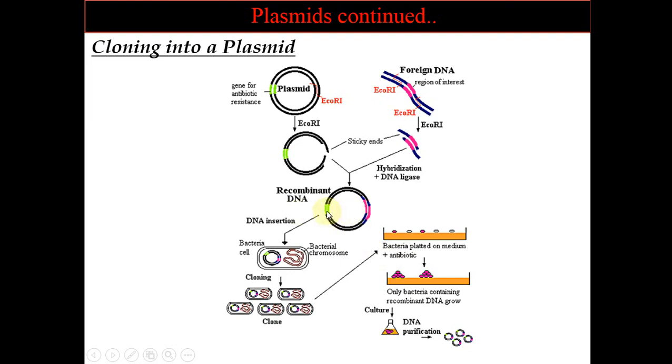Whatever the marker gene is, you add the corresponding antibiotic and you can select recombinants, eliminating non-recombinants or non-transformed cells, because this ampicillin resistance gene produces a protein which degrades ampicillin, and therefore these host cells are not hampered by the presence of the antibiotic ampicillin. Okay, so only bacteria containing recombinant DNA will grow on this antibiotic containing medium.